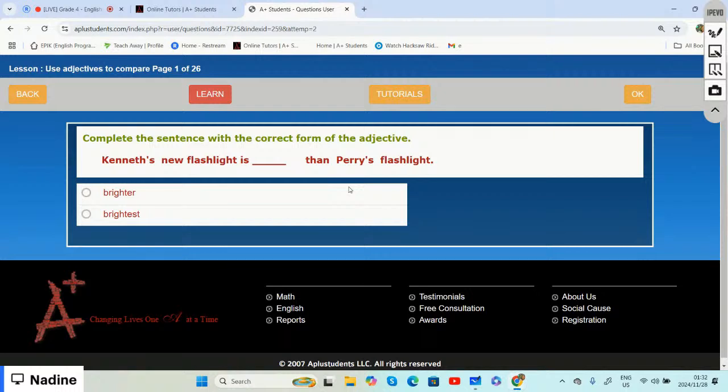We need to complete the sentence with the correct form of adjective. We say Kenneth's new flashlight is, do we say brighter than Perry's flashlight? Or do we say it is brightest than Perry's flashlight? Which one is correct?